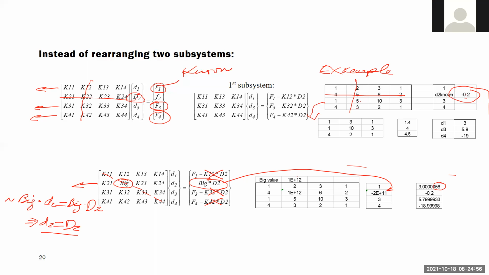I can tell you by experience, in going from this system of equations, this coefficient matrix, to this one here, when you have, in this case, only one unknown, I'm sorry, known displacement, it's a mess.